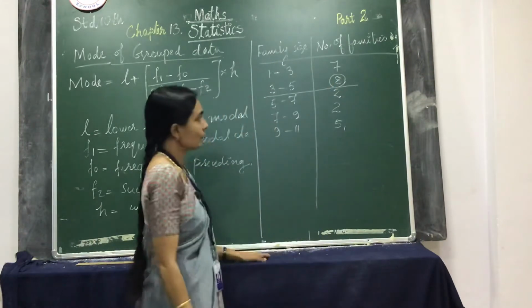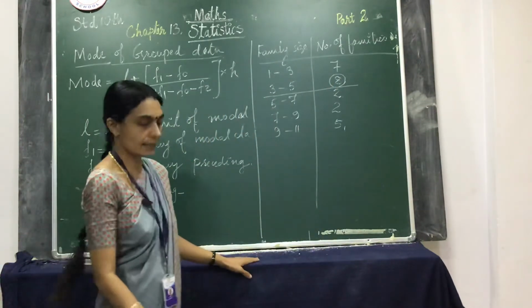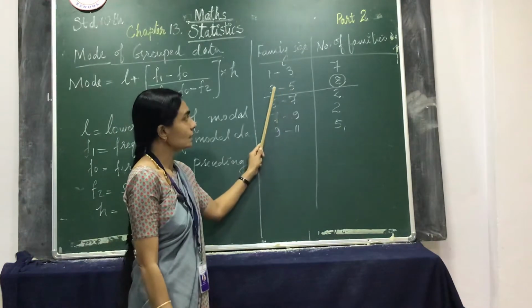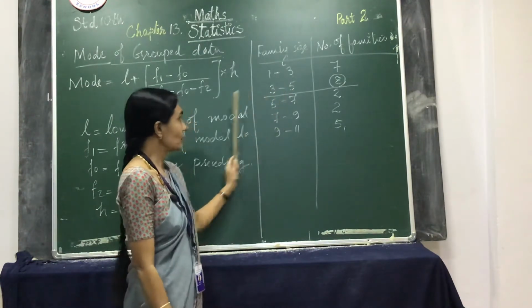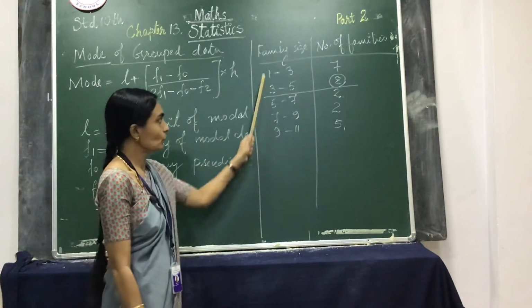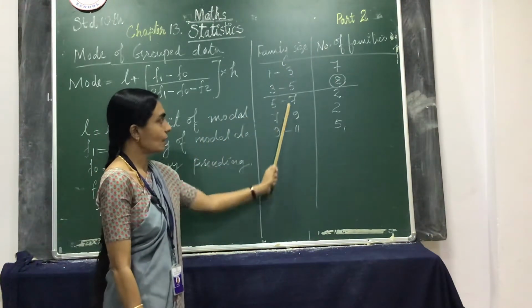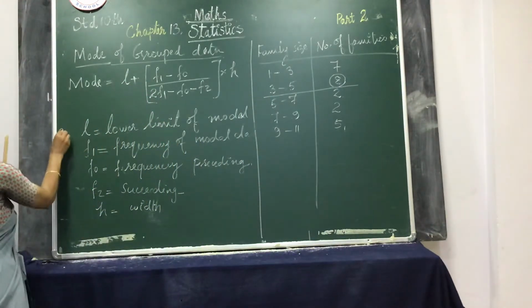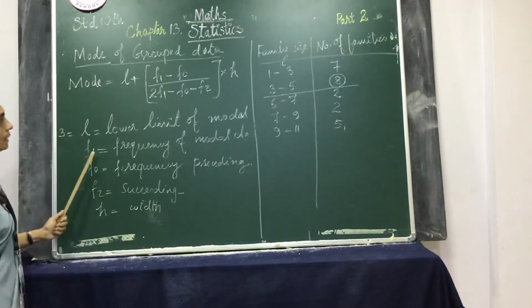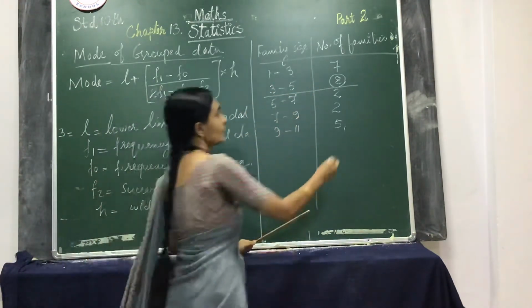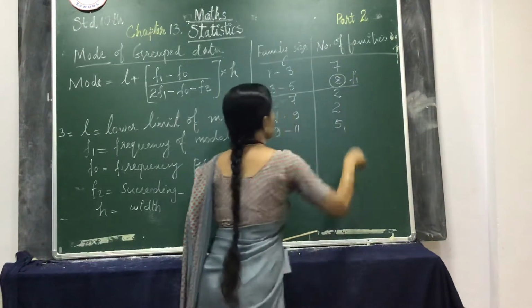Here in this frequency column, 8 is the highest number. So 3 to 5 is the modal class. We have to find the lower limit here. This is the lower limit of each class interval and this is the upper limit. So here 3 is the lower limit, L equals 3. And the next one, F1, the frequency of the modal class, is 8.